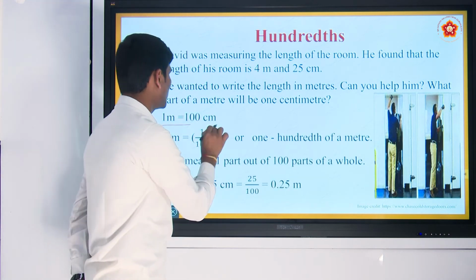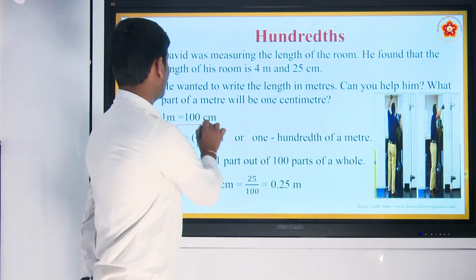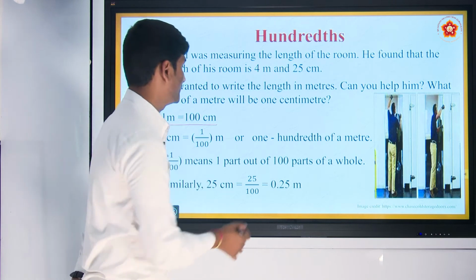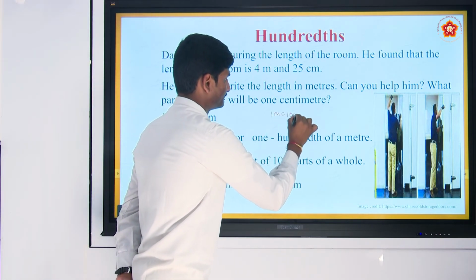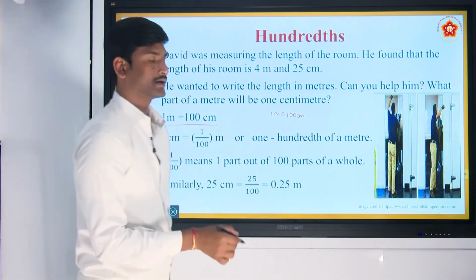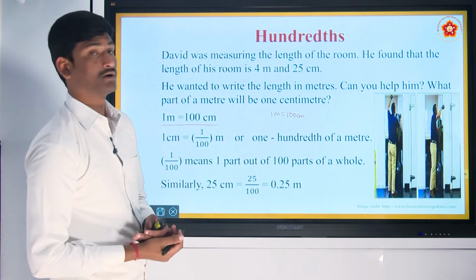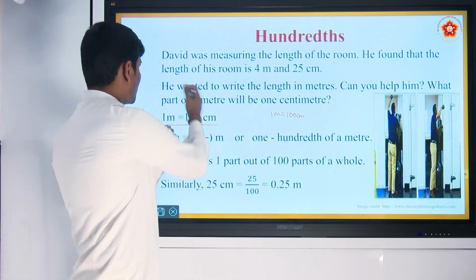Here, you already know 1 meter is equal to 100 centimeters. Here we convert centimeter to meter.